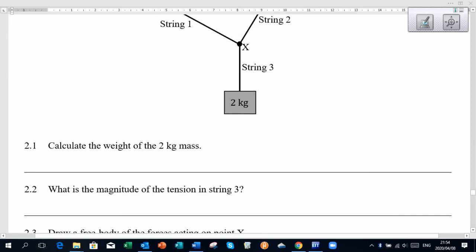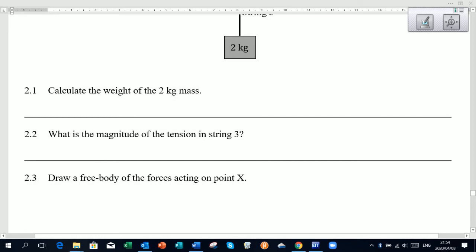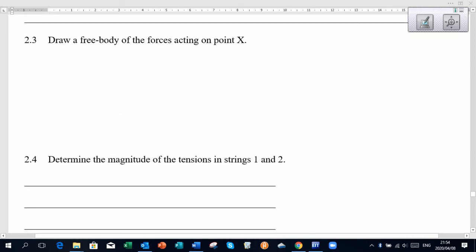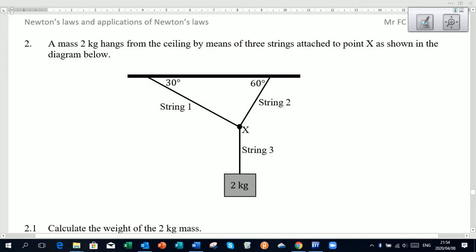What's the magnitude of the tension in string 3? Draw a free body diagram for point X, and then end off by calculating tensions T1 and T2. But this time I want you to use the triangle of forces method, and when you finish that, come back to the video and look at your solution.